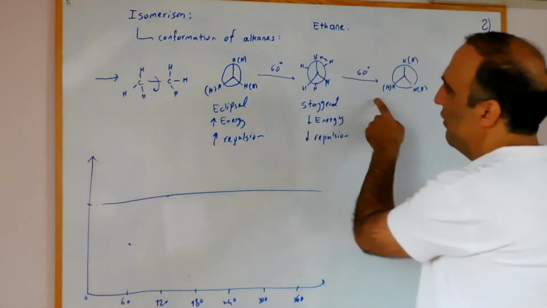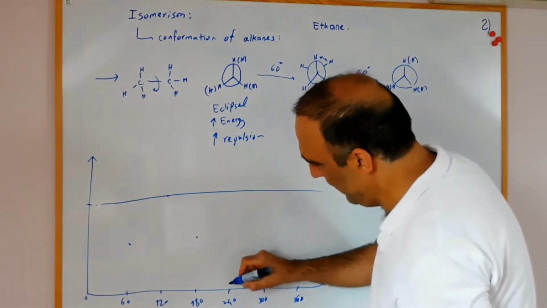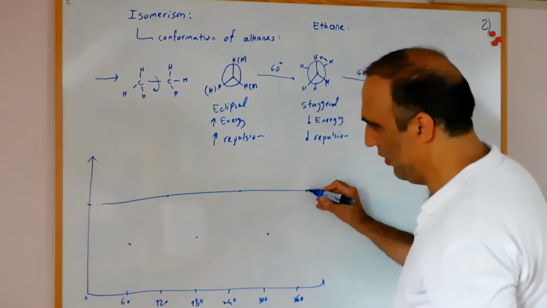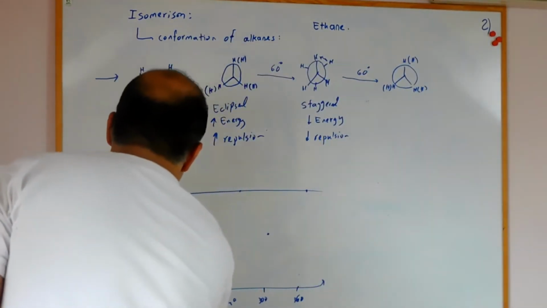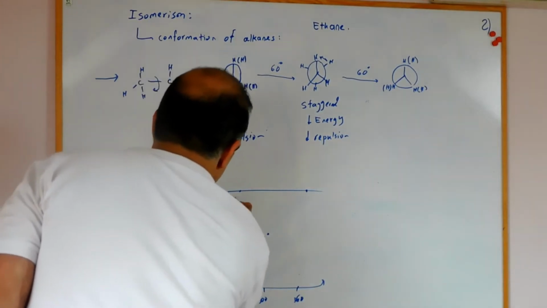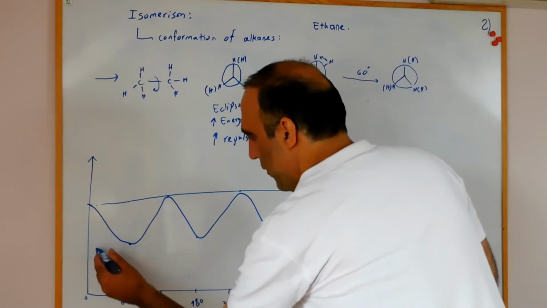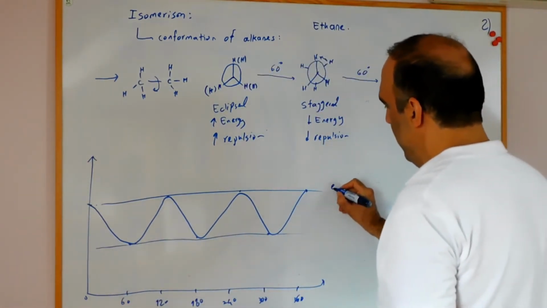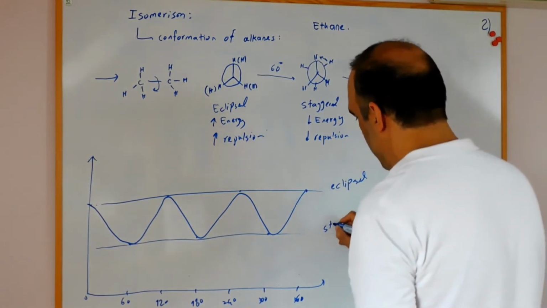And if I rotate once more, it will be staggered again at 180, and 240, 300, and 360. This line will be eclipsed. This line will be staggered.